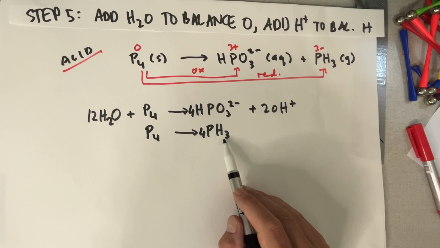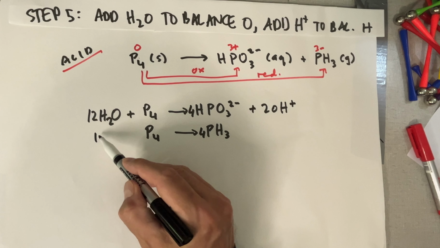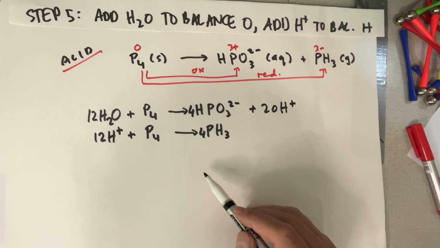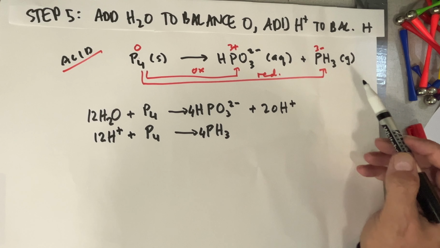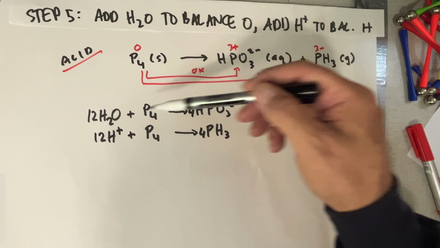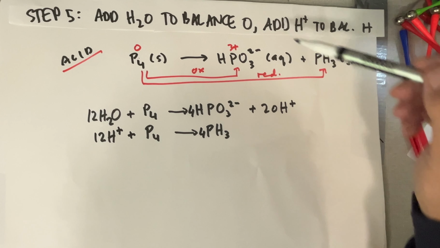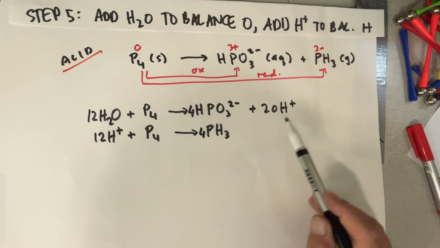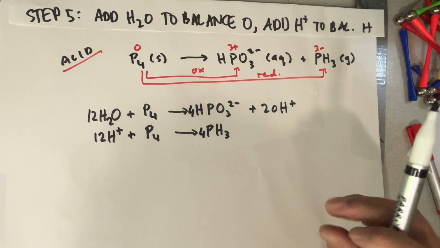So you're going to need 12 H pluses on this side. And now you've balanced all the oxygens by adding water, and you've balanced all the hydrogens by adding H pluses.